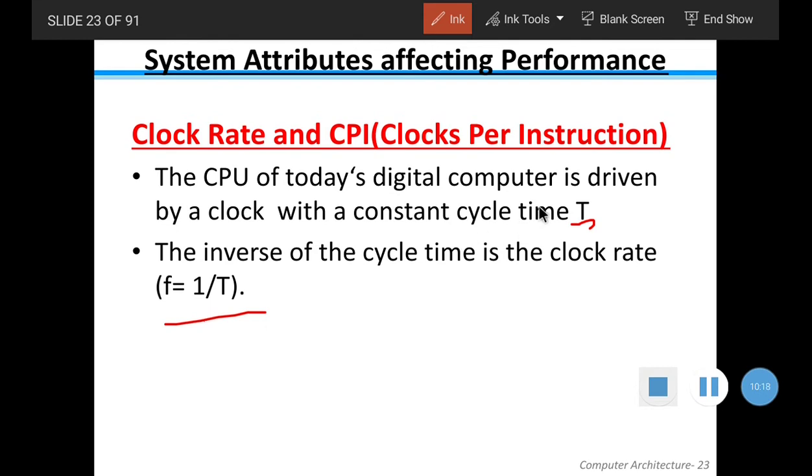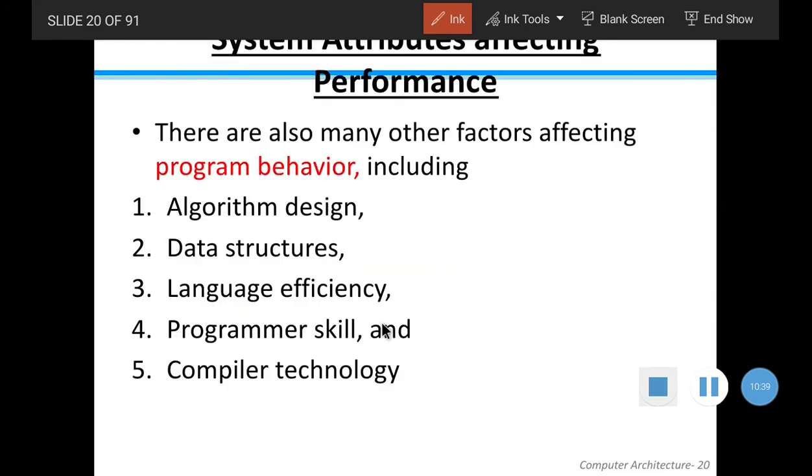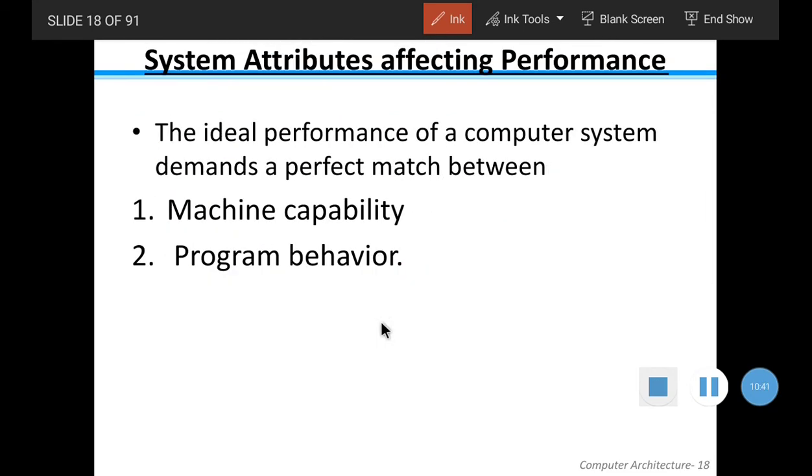We use these formulas when we derive the equation for CPU time. For the time being, clock rate, CPI, CPU time and turnaround time all affect the performance of the system.